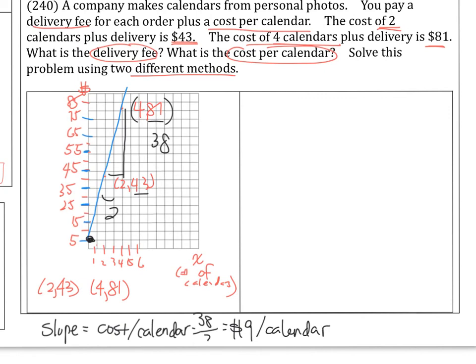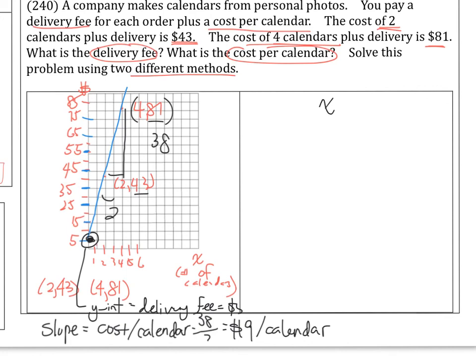And again, this y-intercept here will be your delivery fee, $5. This seemed like a very tedious way, so I'm going to show you a quicker way by making a table.